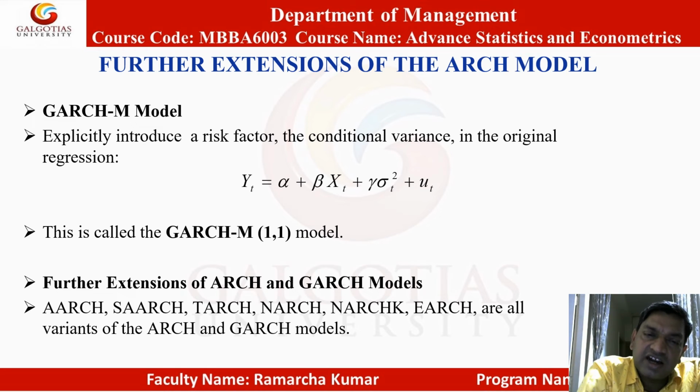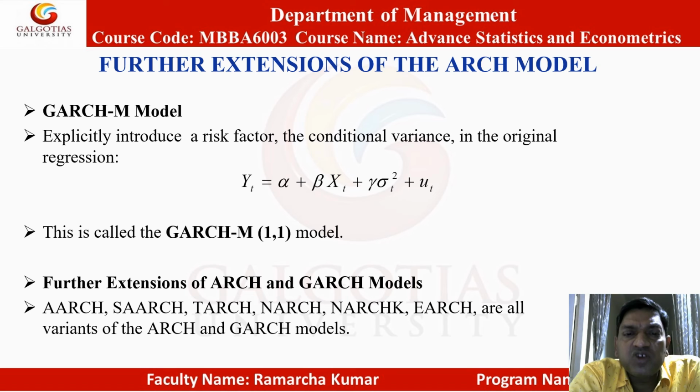This is called the GARCH-M(1,1) model. Furthermore, we can extend the ARCH and GARCH models along various lines, that is ARCH, SARCH, TARCH, NARCH, NARCH-K, EARCH. These are all variants of the ARCH and GARCH models. But most often we prefer the GARCH model because it is the most frequently and most widely used model for financial asset volatility.